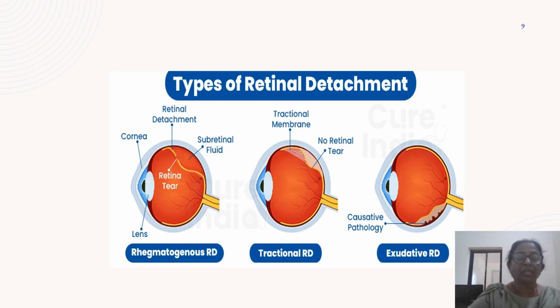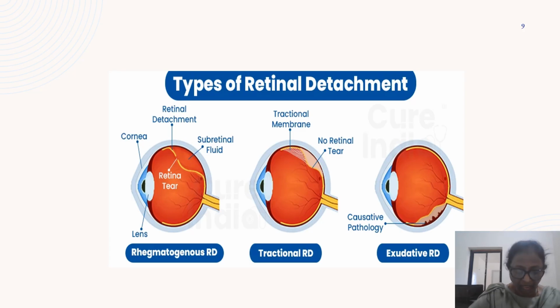So here you can see the first one, rhegmatogenic retinal detachment, is the most common and is caused by fluid passing from the vitreous cavity via a retinal tear or break into the potential space between the sensory retina and the retinal pigment epithelium.